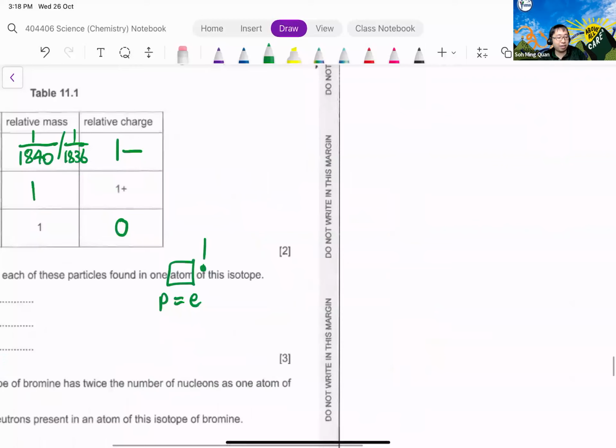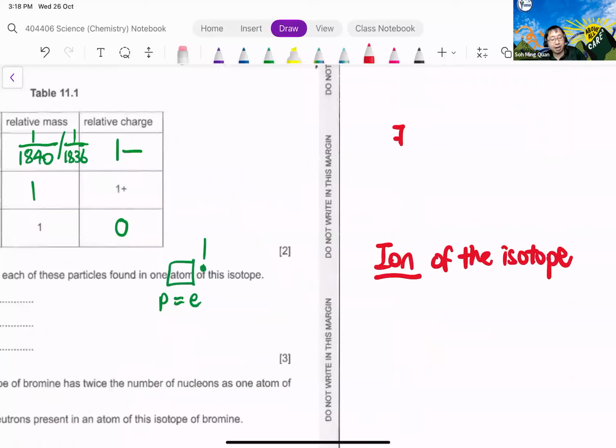Now, what if the question was changed to ion of the isotope? So this is the isotope, right? What if I didn't want the atom? What if I wanted the ion?